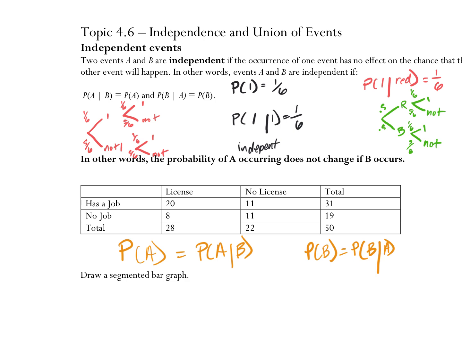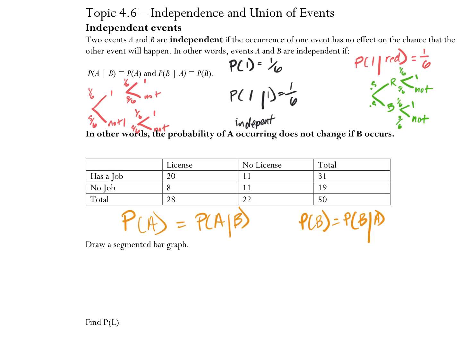So in this particular case, do you guys think there might be a relationship between people having a driver's license and people having a job? Why? If you can get your driver's license, you can get a job for sure. Like a 10-year-old has neither, right?